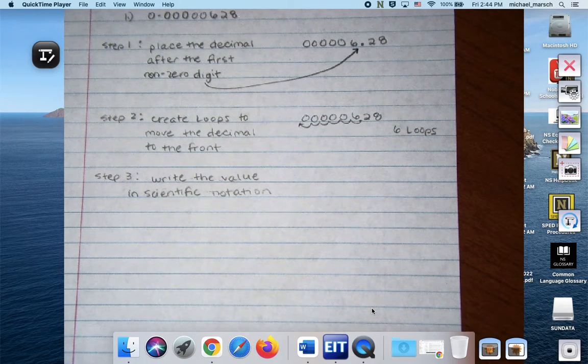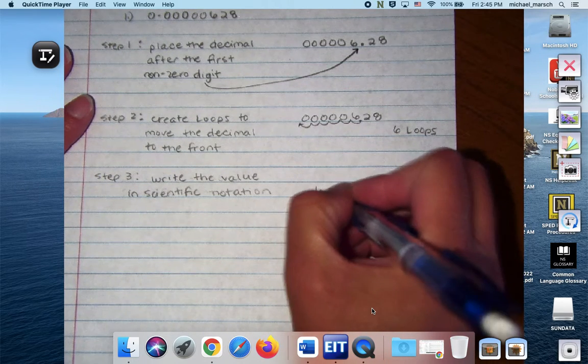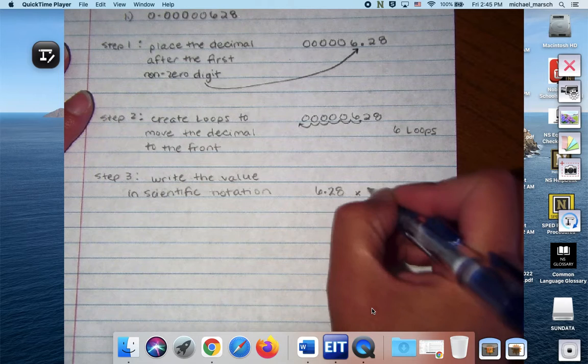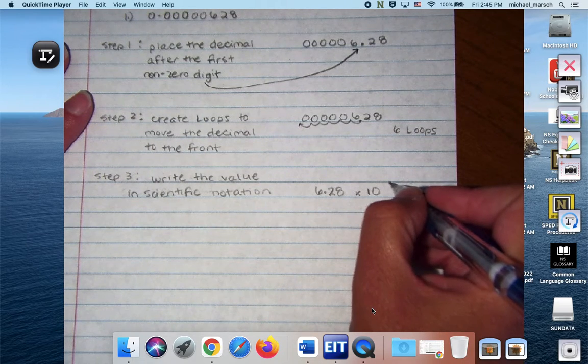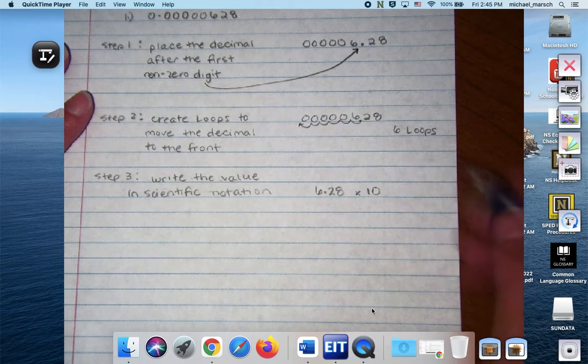It'll take forever. Okay, so who wants to tell me, what do you think this will be in scientific notation? Keaton? The one we just did. So it's 6.28 times 10 to the power of negative 6.